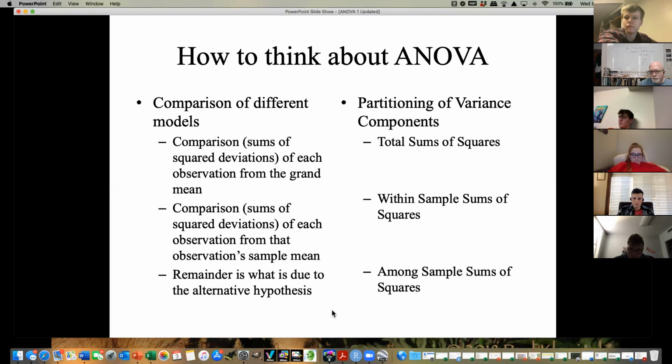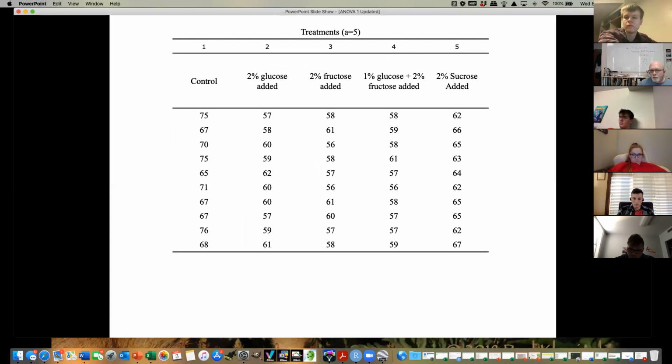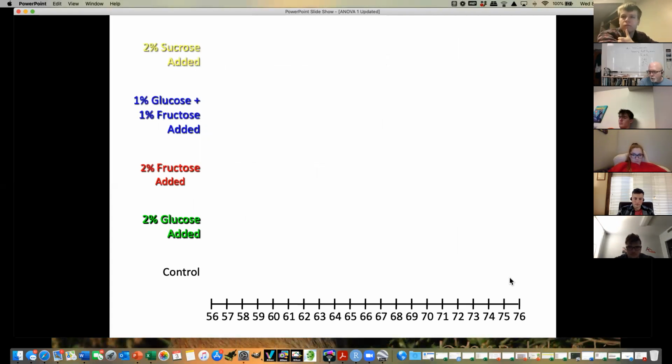So this probably doesn't make a ton of sense. A different way of thinking about this is let's just make a plot of these data. On the x-axis here is growth increment, and on the y-axis are the different treatments. For each of these treatments, we could plot where the data fall.